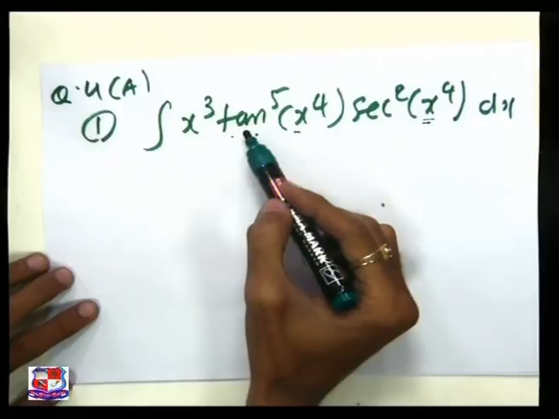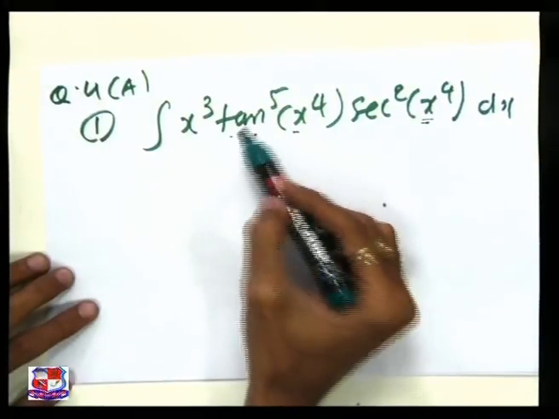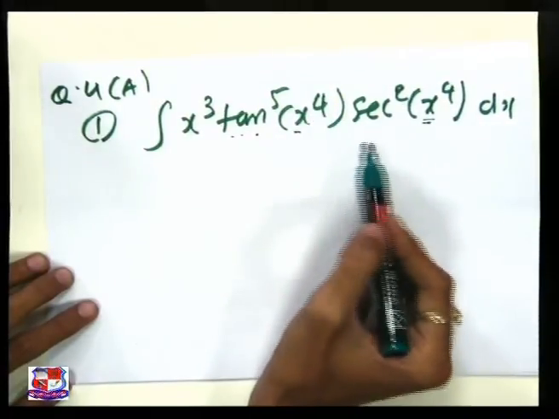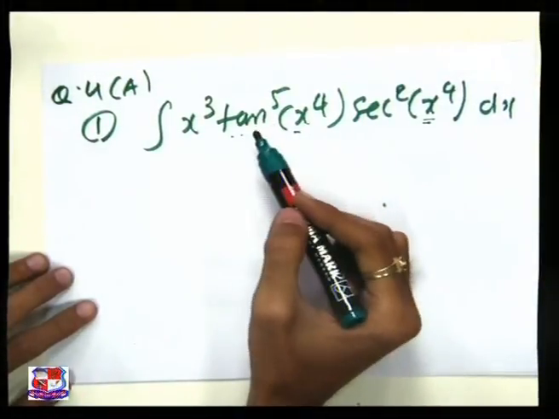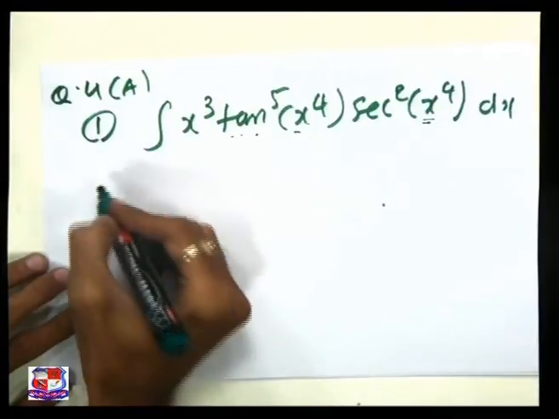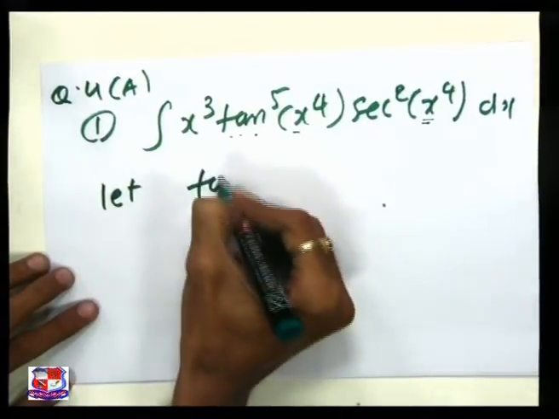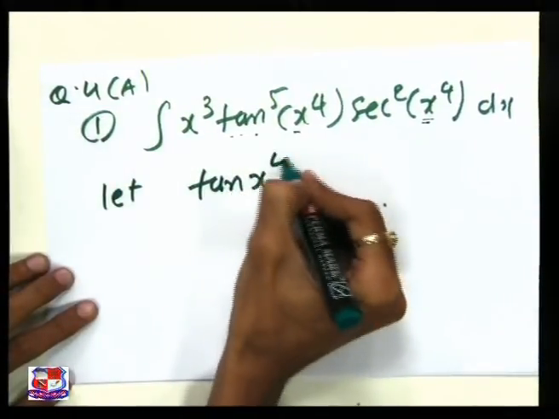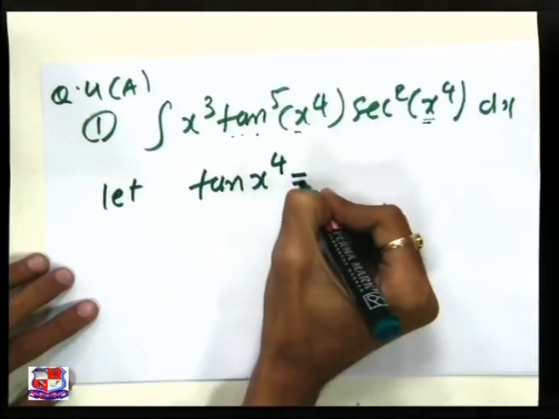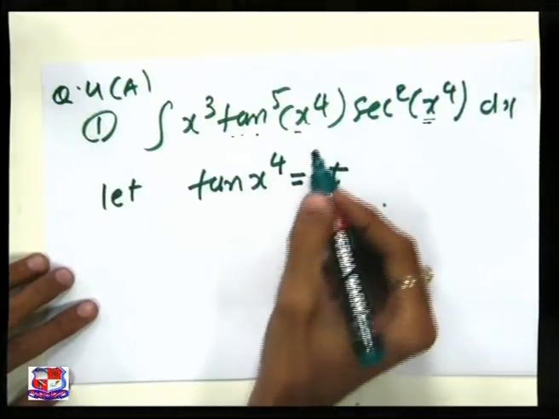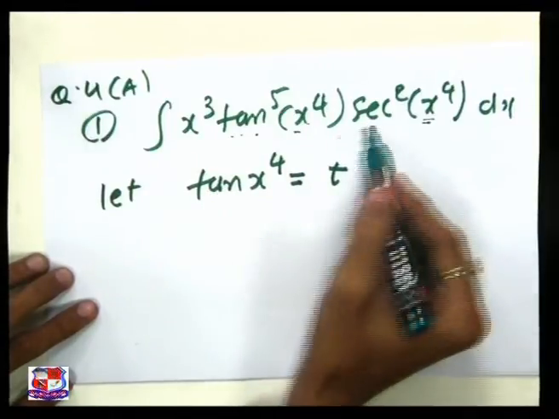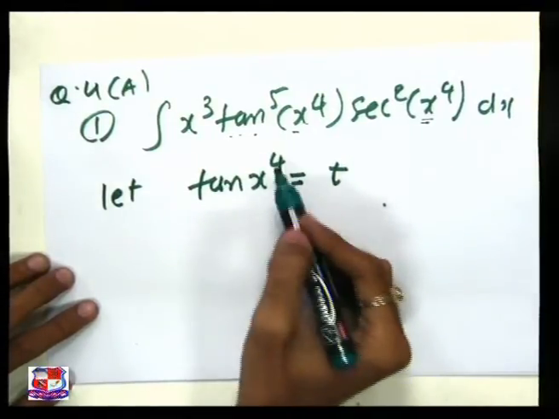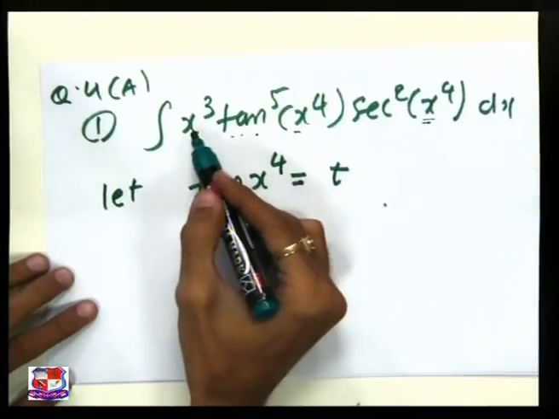So if we take 10 x raised to 4 equal to t, then integrating this function is quite easier. So let 10 x raised to 4 be equal to t, because the differentiation of 10 is sec square, which is available here, and the differentiation of x raised to 4 is 4x cube, so x cube is also available here.